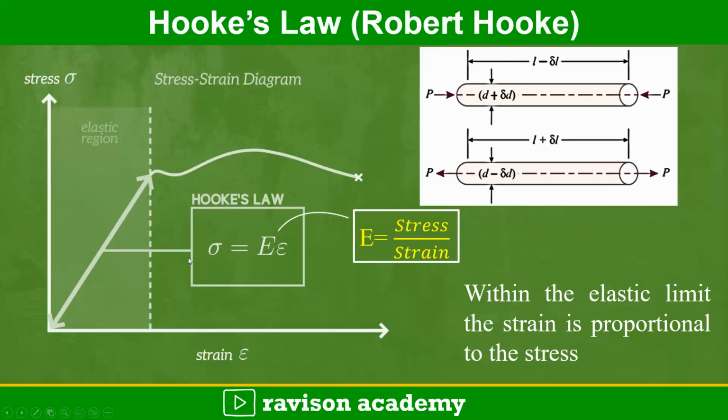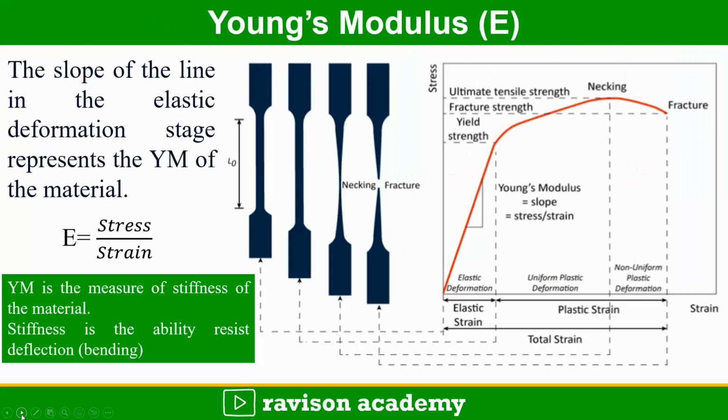Sigma represents stress, epsilon represents strain, and E represents Young's modulus. So we can state that E is equal to stress by strain, Young's modulus. This Young's modulus is the slope of the line in the elastic deformation stage, and it represents the stiffness of the material. When the stiffness is more, the material is hard to deflect.